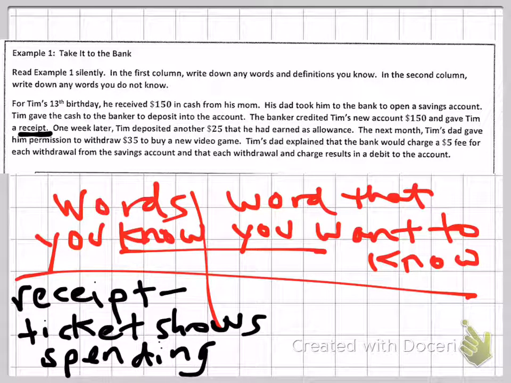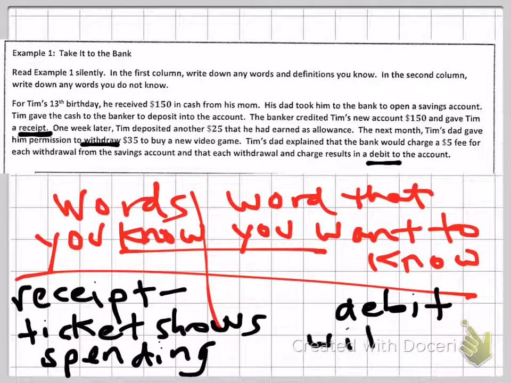And then maybe there's some words here that you don't know what it means. Maybe you're not sure what debit means. So you'd put it here. And then maybe you're not exactly sure what they meant by withdrawal. Okay, so you'd write it here. So then once you have it there, go ahead and find the definitions. You can Google it and then write it down in your notes. And then we could break it down to be able to solve the problem.